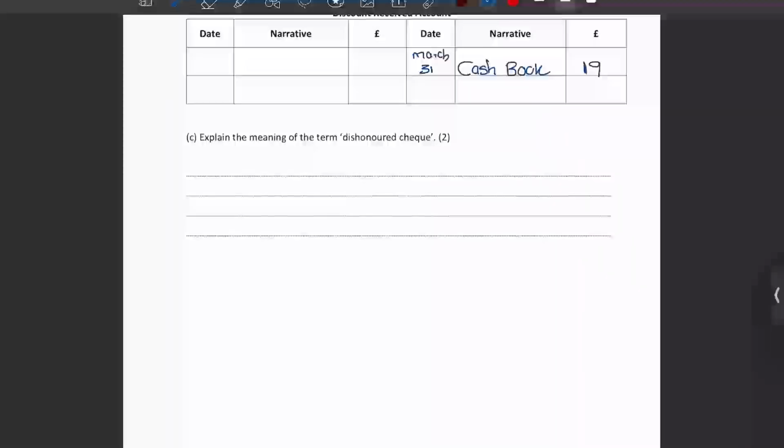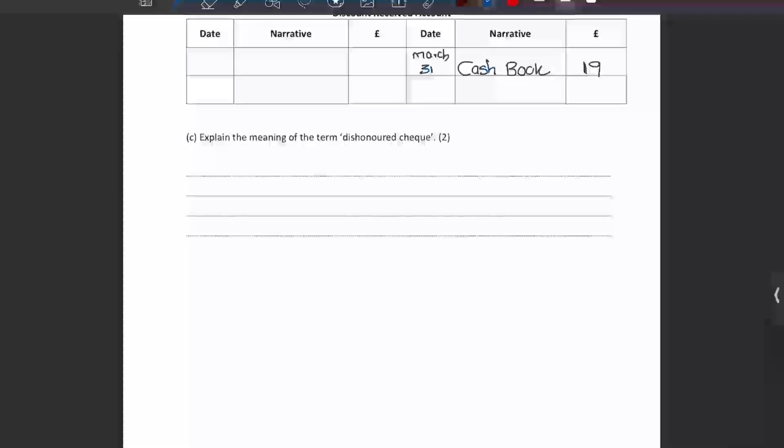Another reason, if there is an error in the check, if the signature is wrong, if the signature is not placed, there are so many reasons why the bank will refuse to give you the money. So when you go and submit a check to the bank, and if the bank refuses to give the money, that is what you mean by dishonored check.